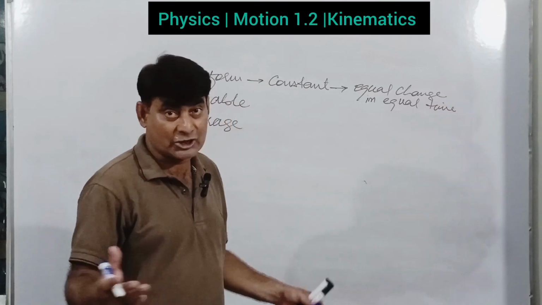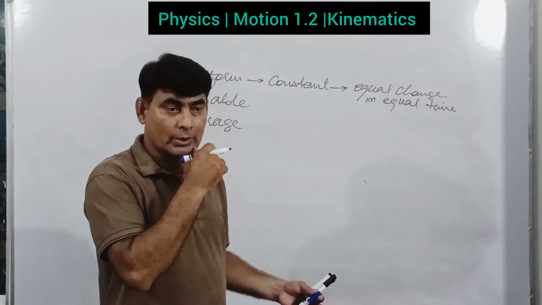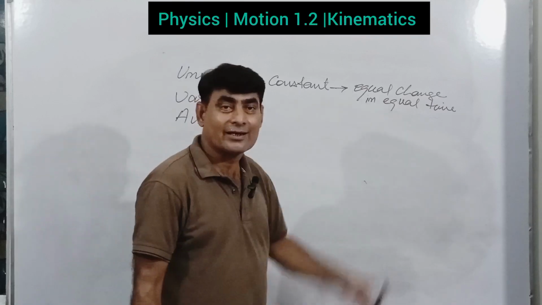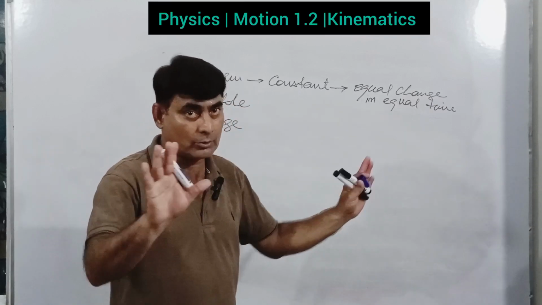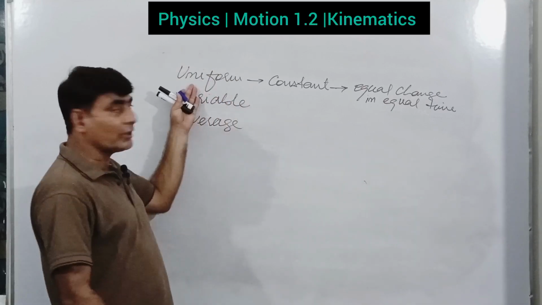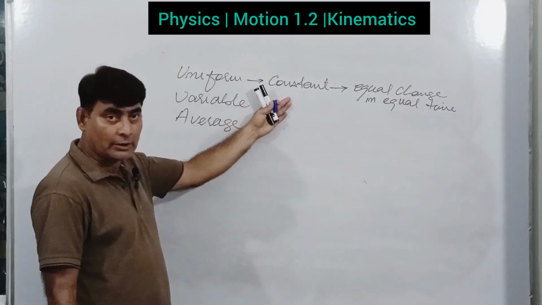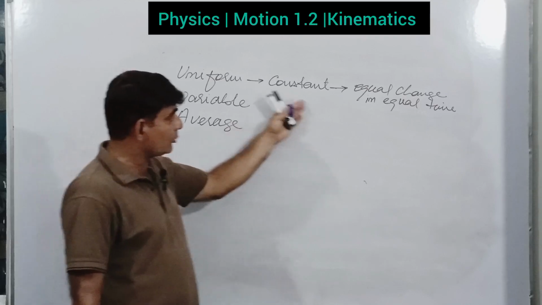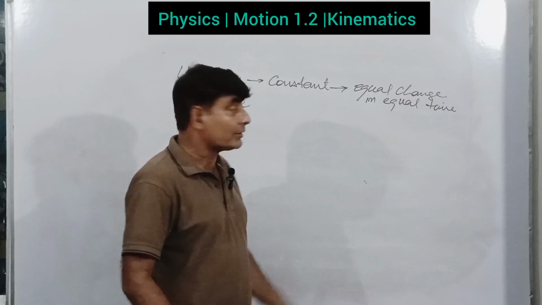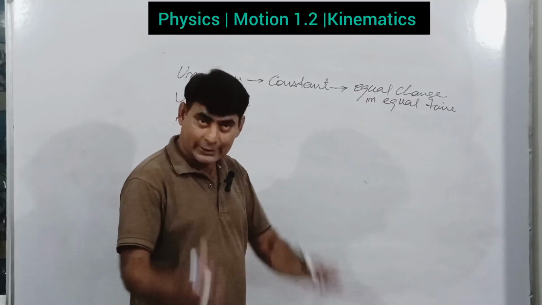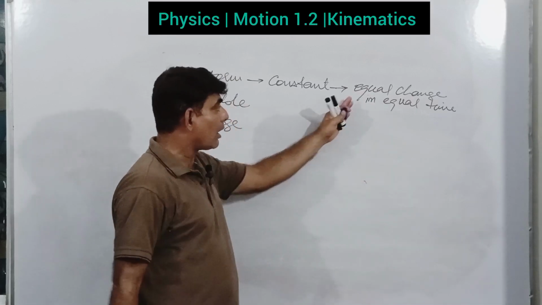Whether it is change in position or change in velocity, we will talk. So uniform means no change, meaning the changes occur equally for equal intervals of time. Now I will explain it.